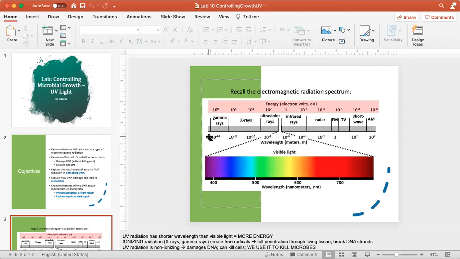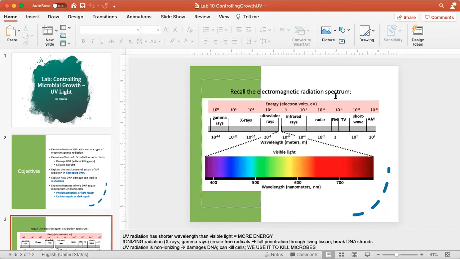Remember, electrons travel in those shells. And these waves are so powerful, when they bump an electron, they bump it out of orbit. So they create what we call radicals, free radicals, which are very damaging to living tissue. And of course, if you get exposed to too much of this kind of high energy, short wavelength radiation, you'll die from that.